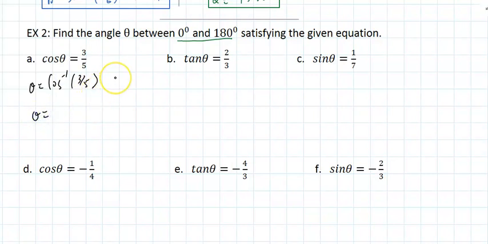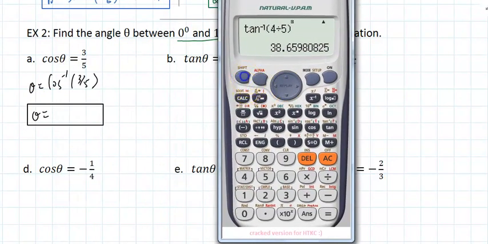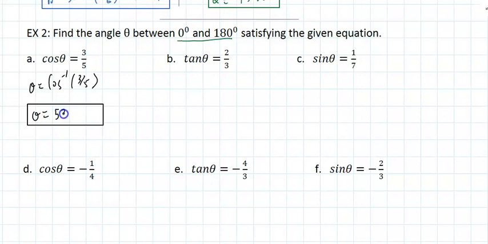Theta would equal, and what would that be? Inverse cosine of 3/5. That is 53.1 degrees. It didn't specify.